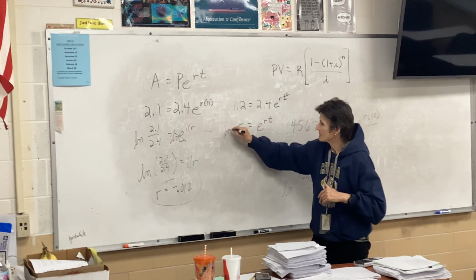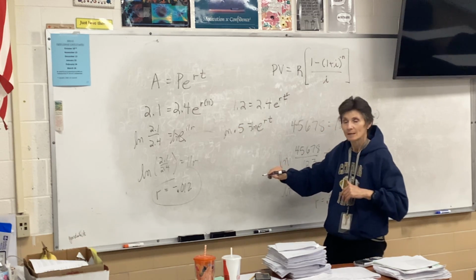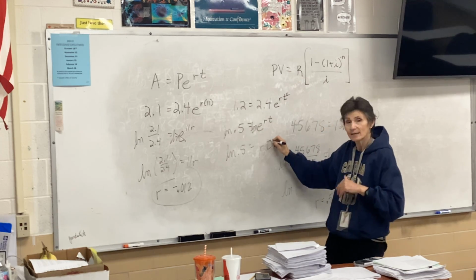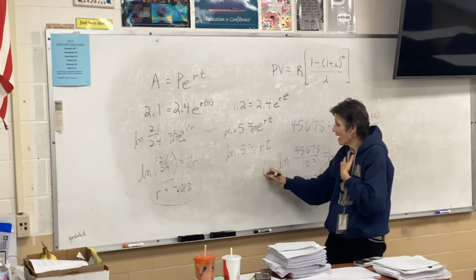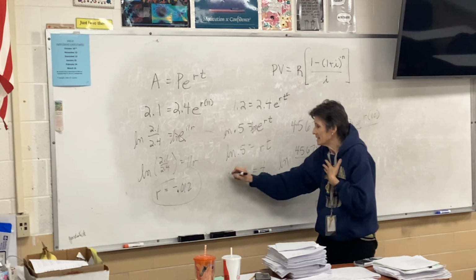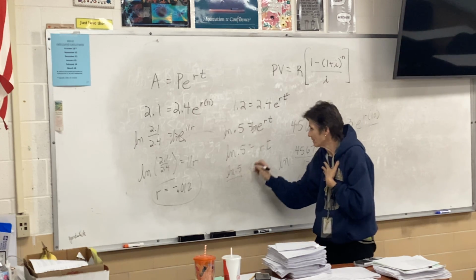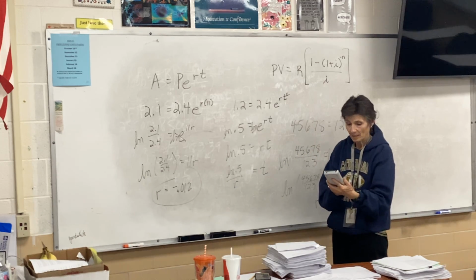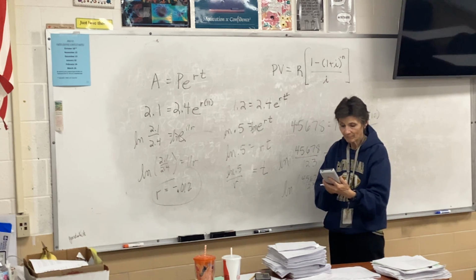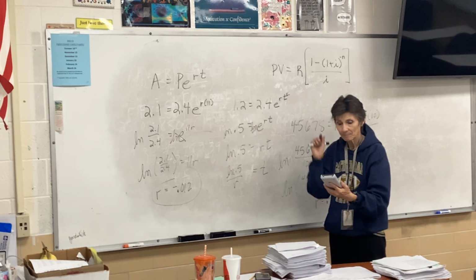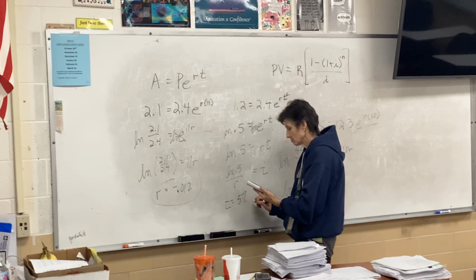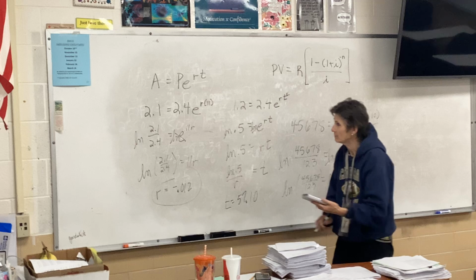I'll ln both sides. So ln 0.5 equals RT. So the half-life is ln 0.5 divided by that. So ln 0.5 divided by the second answer, and the half-life is 57.10, basically 57.10.